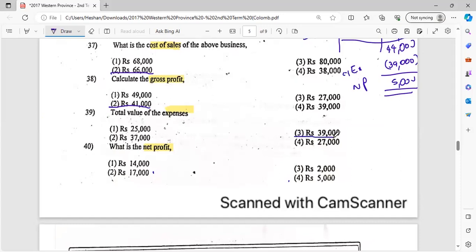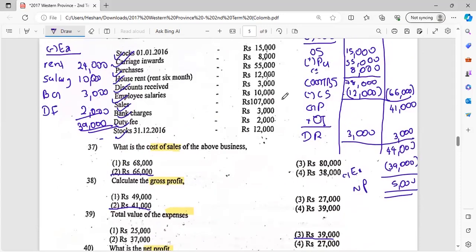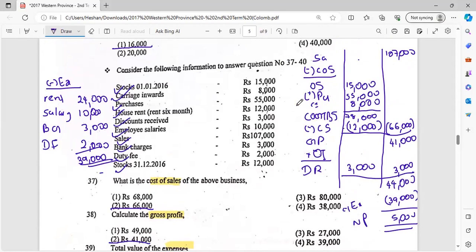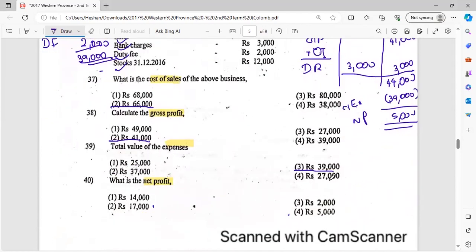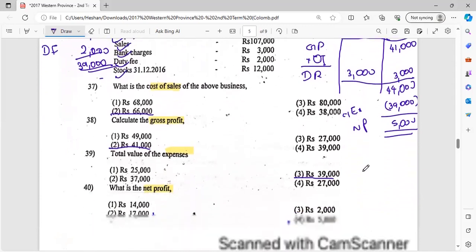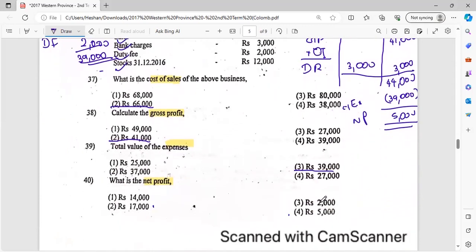Sometimes, if you take the rent as 12,000 for the year, what is the answer? I think it can be 27,000, right? So 39,000 minus 12 is 27,000. Sometimes your answer can be 27,000 as well. No worries. Net profit should be 5,000, if not, 5,000 plus 12,000, which means 17,000.